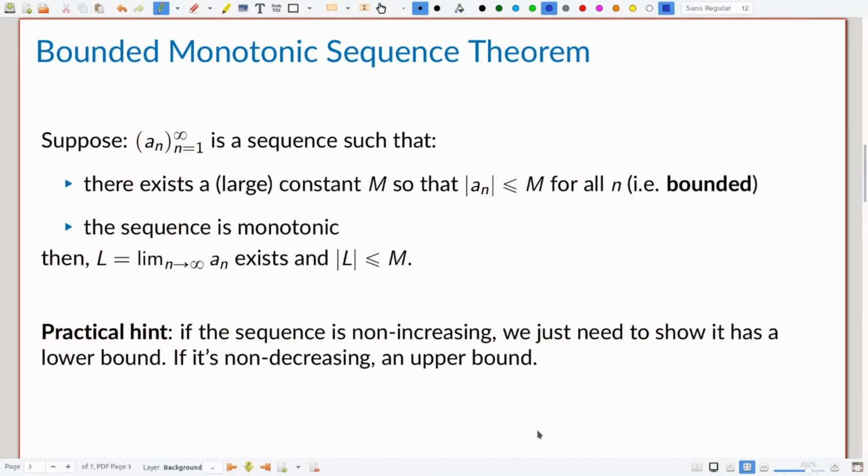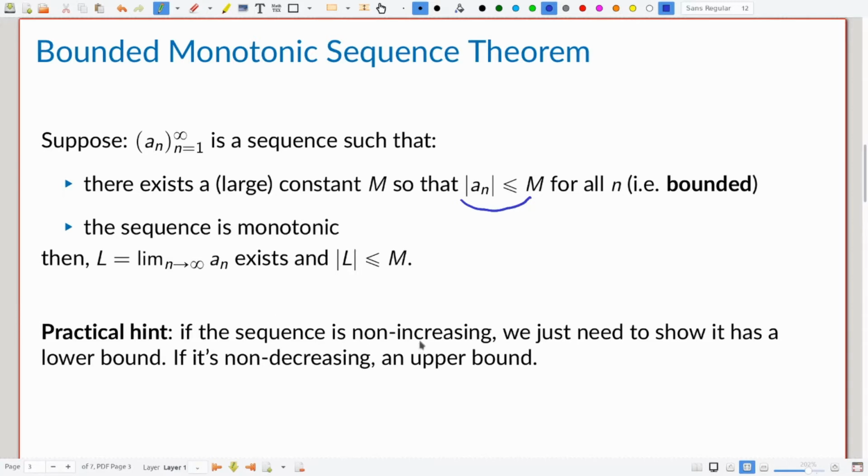So we suppose that we have a bounded sequence, and we suppose it's also monotonic. Then the content of the theorem is that a limit exists. And furthermore, that limit has to be bounded by the bound as well. In practice, we don't need this absolute value condition; that condition is more than we need to check.